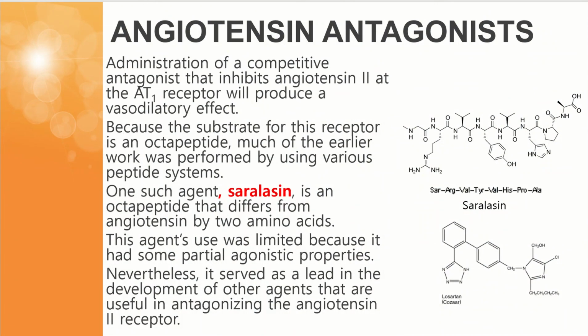Much of the earlier work was performed by using various peptide systems. One such agent that was used was saralasin, and it's also an octapeptide that differs from angiotensin 2 by 2 amino acids.